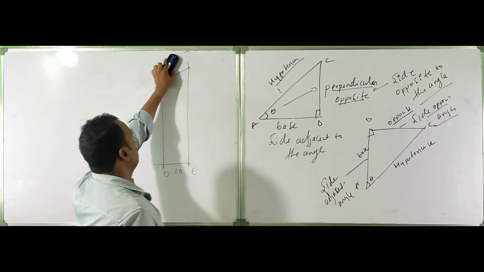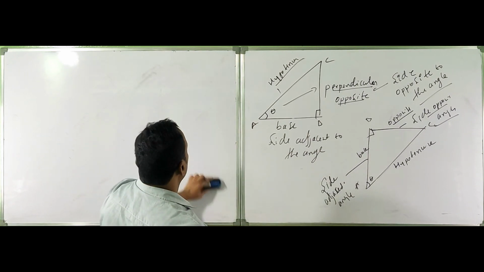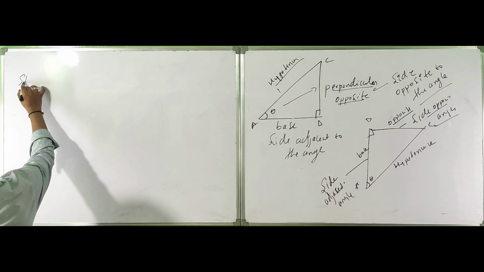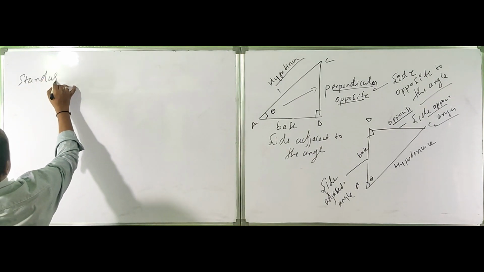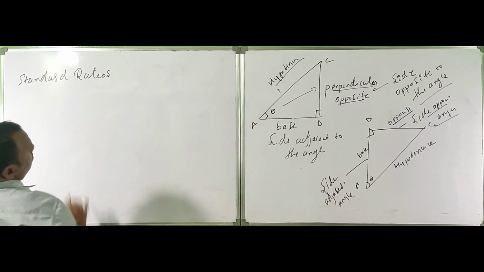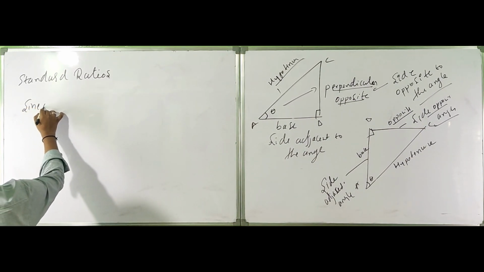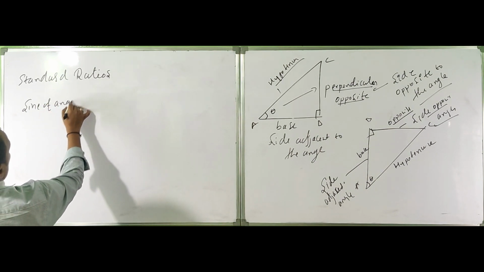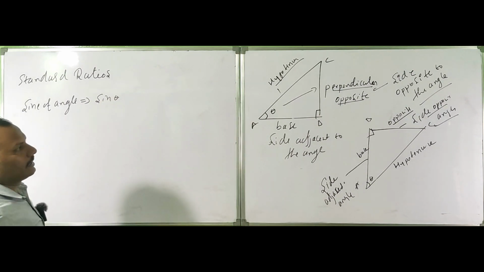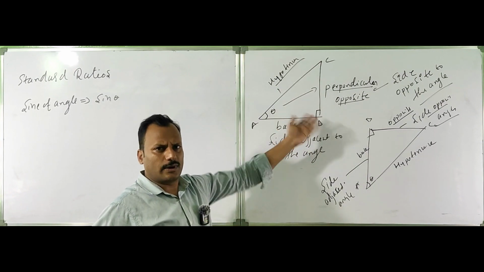Of the 6, 3 are standard ratios and the remaining 3 are reciprocal ratios. First study the standard ratios. The first one is the sine of the angle, written as sin theta, because theta is the reference. You can take A, B, C, or X, Y, whatever it may be.